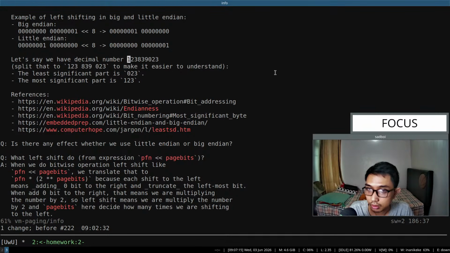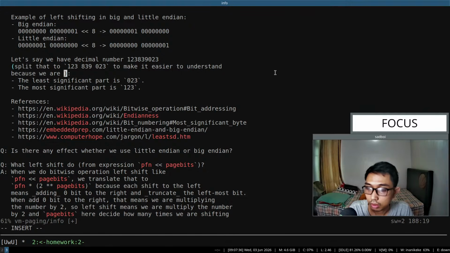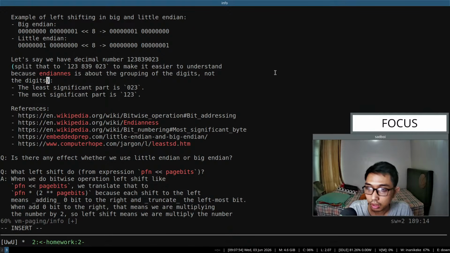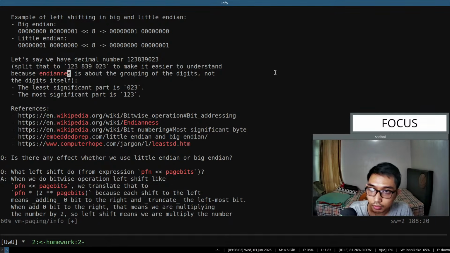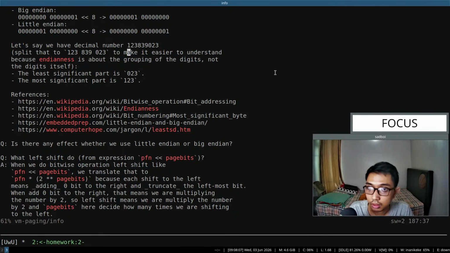Endianness is about the grouping of the digit, not the digit itself. Correct me if I'm wrong.